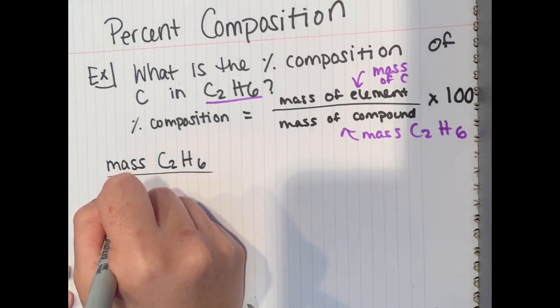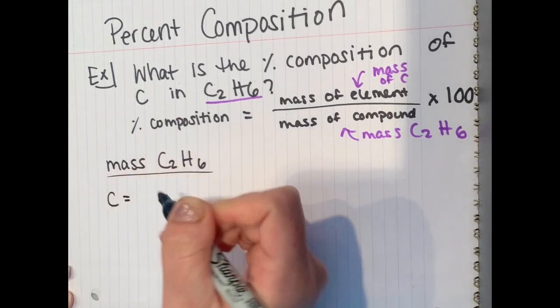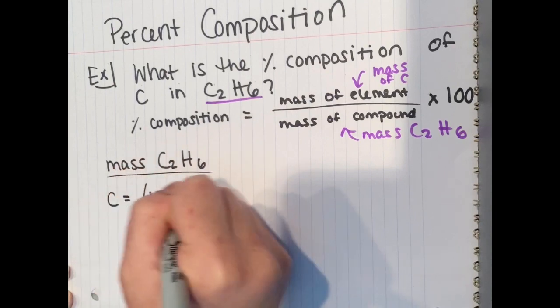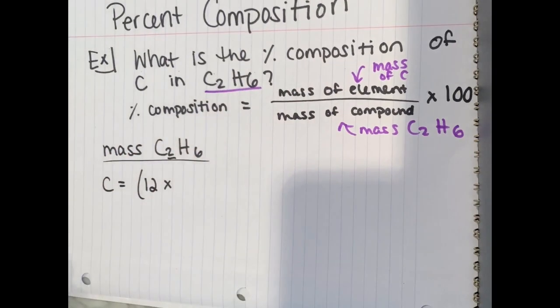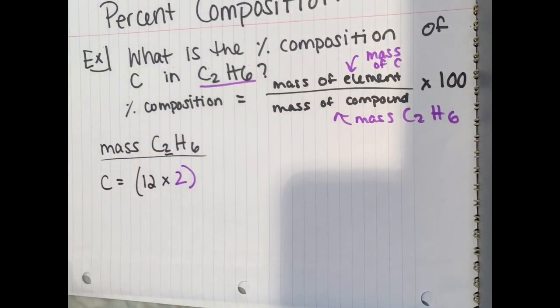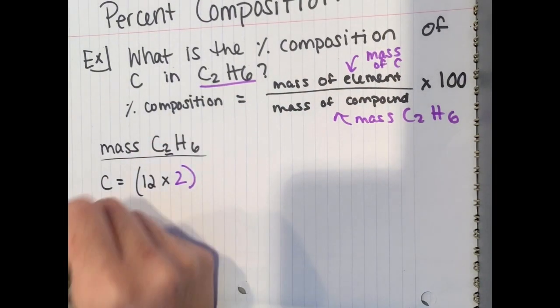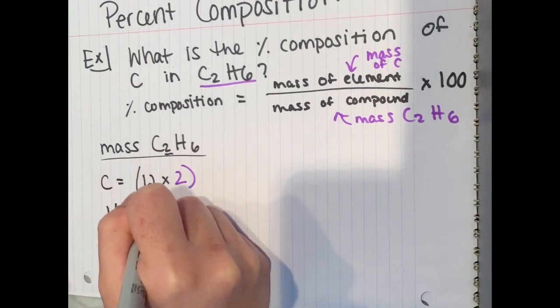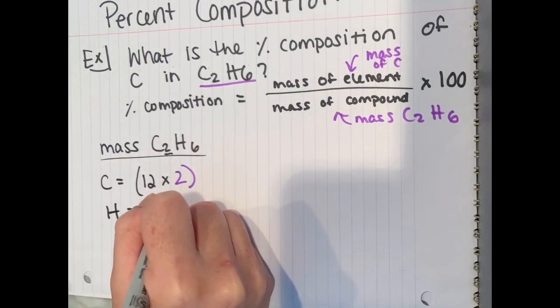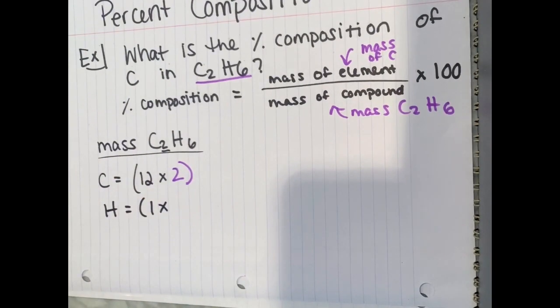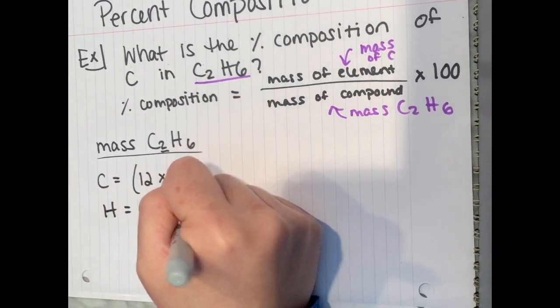For carbon, the atomic weight is 12, but I have 2 carbon atoms, so I need to multiply that by 2. And for hydrogen, we can just say that the atomic weight is 1, and there are 6 hydrogens, so I need to multiply that by 6.